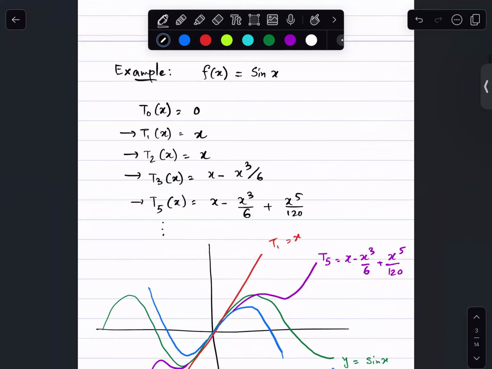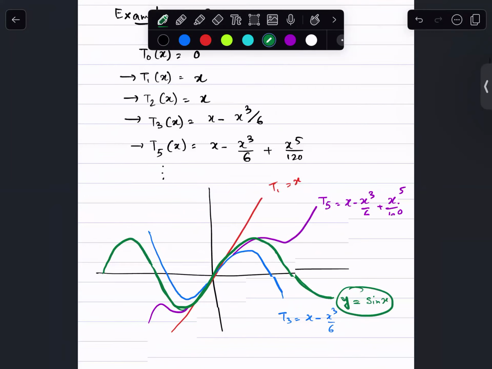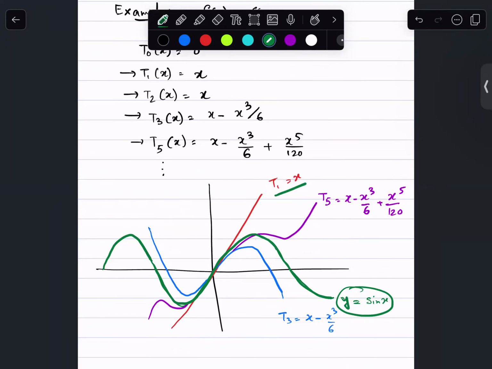So if I look at this example, say this green line is the graph of sine x, this is my y equal to sine x, and then T1 is this red line. You can see that the red line is approximating, but only from here to here. Within this short range, T1 is a good approximation.